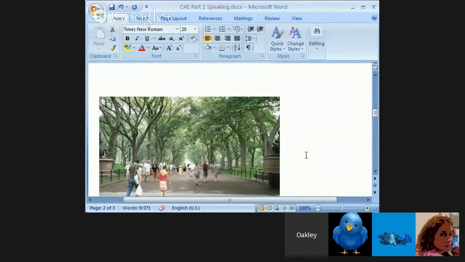The road is very broad, wide, and there are huge trees that are giving their shadow over the road. It may be summertime because people are wearing their summer clothes, and it looks like maybe a holiday because all these people are out in the street enjoying their free time.